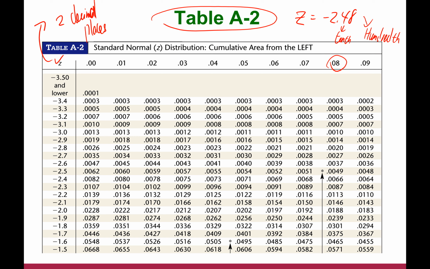So negative 2.48 is split into different digits. Now they have an intercept, and the intercept turns out to be the probability here.